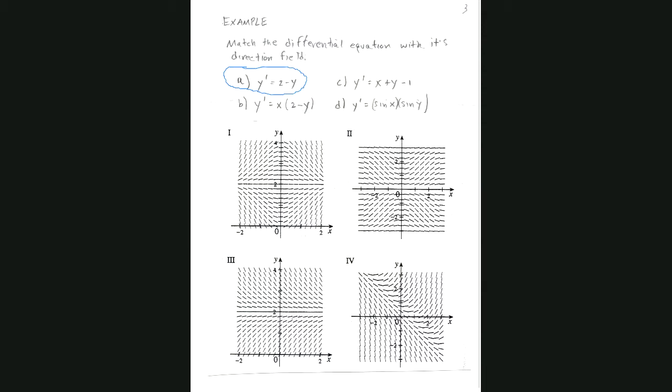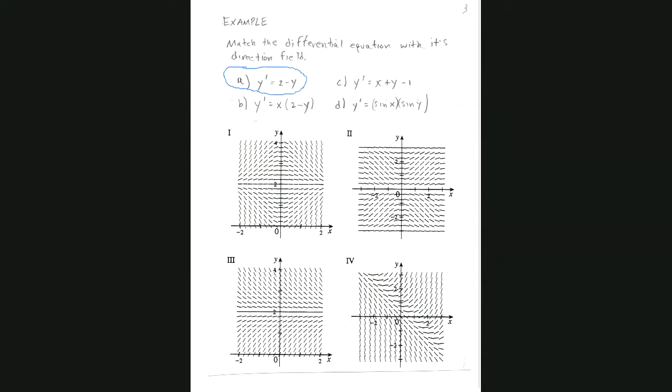Okay, all right, let's start with A here. Y prime equals 2 minus y. So for A, we said it could either be choice 1 or choice 3. Which choice would A go with?